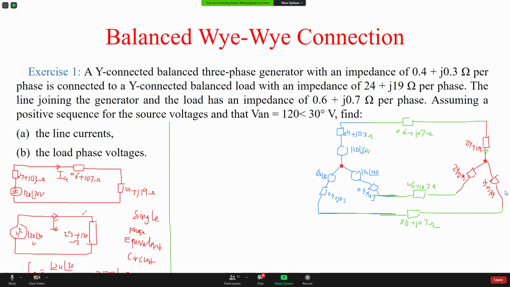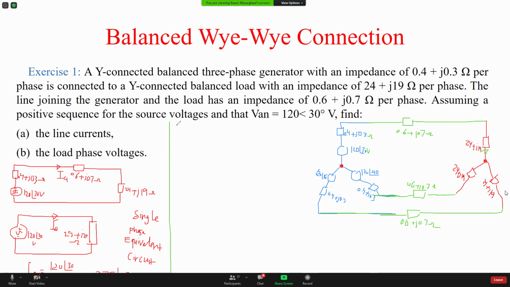So this is the single phase analysis. Once I'm done with it, khalas, I don't look at the single phase analysis. Forget about the circuit here. Now I start answering the question. So this analysis is just to find this current. Then I go back to the original circuit.